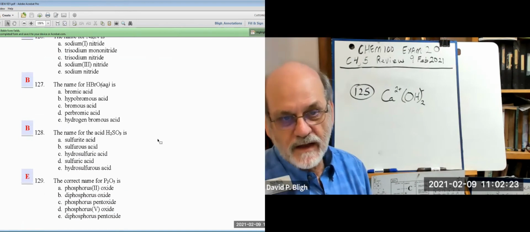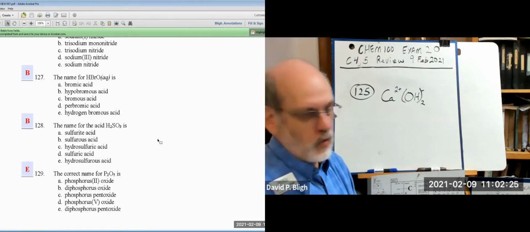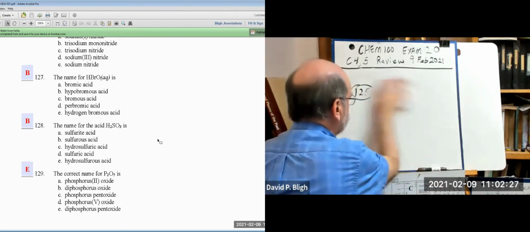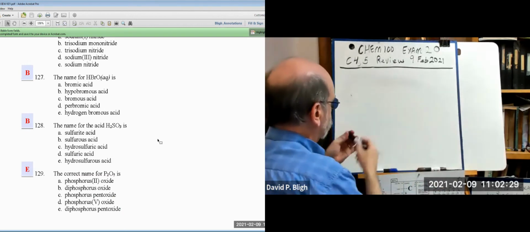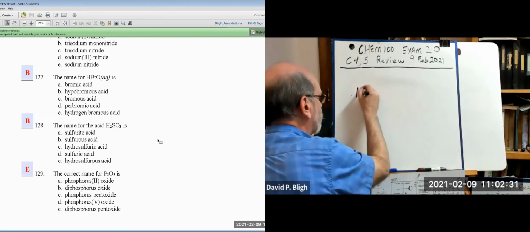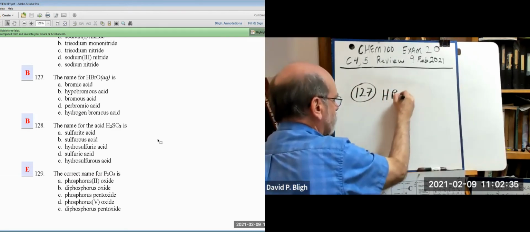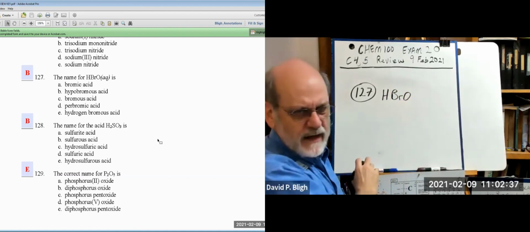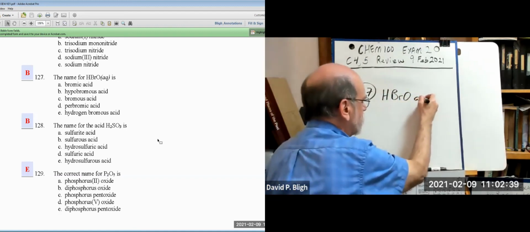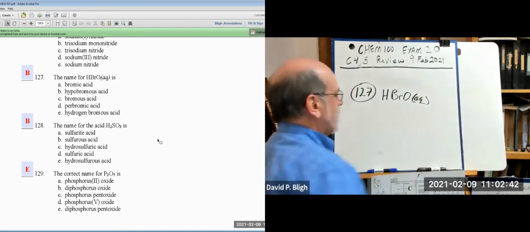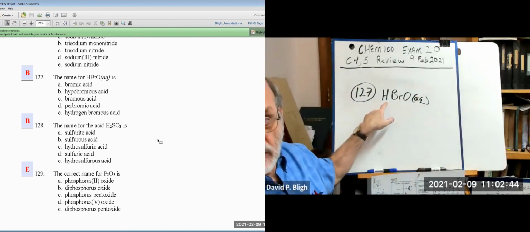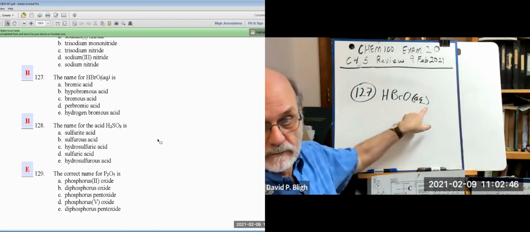127. The name for HBrO. Is it an aqueous solution? Yep, aqueous. All right, it's got that leading hydrogen, so it's an acid in water.